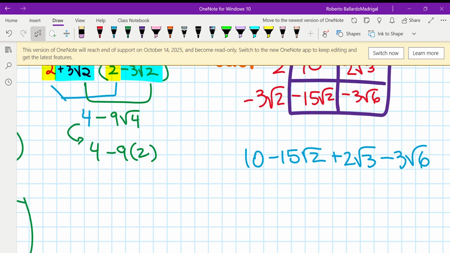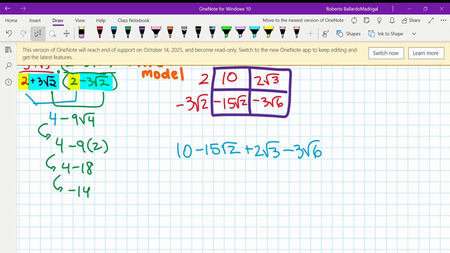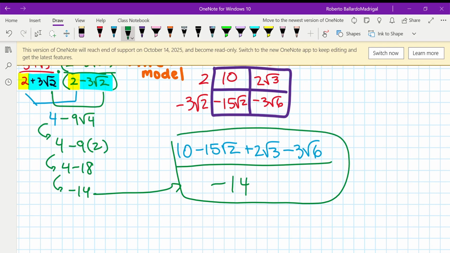And then we have 4 minus 18, which gives us negative 14. Okay. So we're going to go ahead and take this, and that will be our denominator. And we are done. That's our final answer.